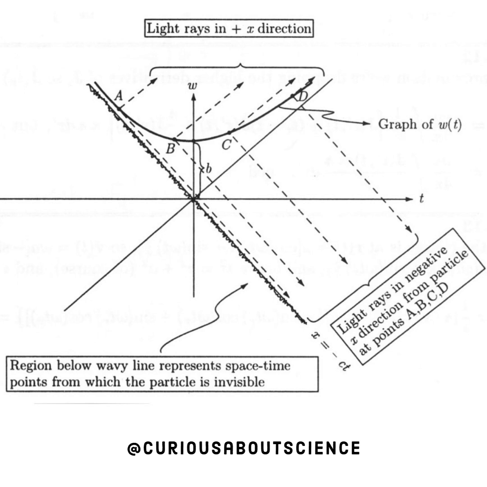So if we graph w of t with respect to t, what we see here is hyperbolic motion, so it looks kind of like a parabola except more spread out. And we choose light rays in the positive x direction, okay, here alongside the graph of w(t).